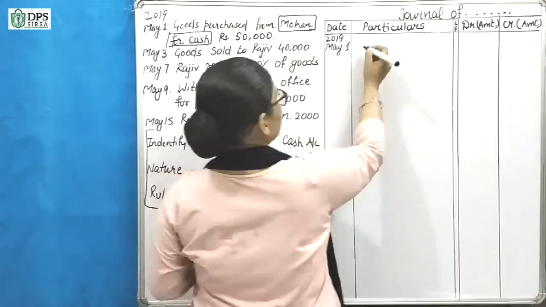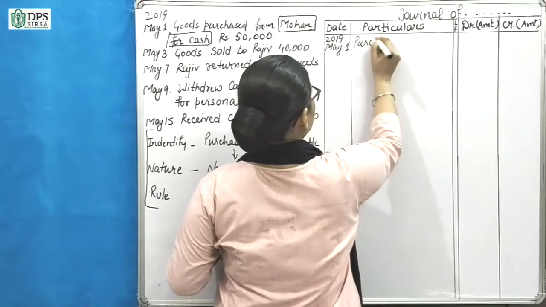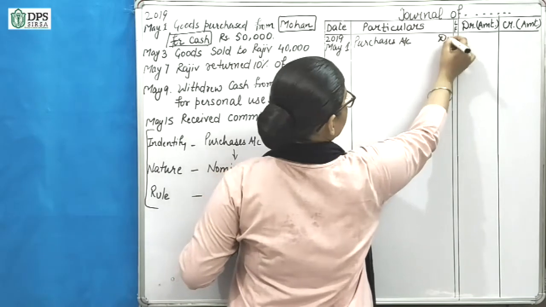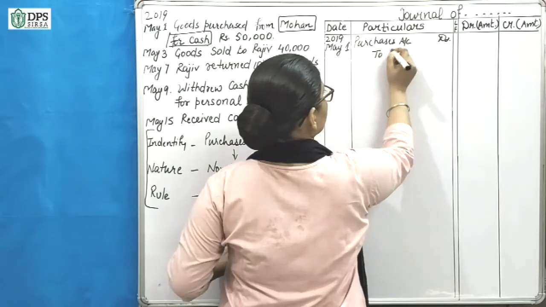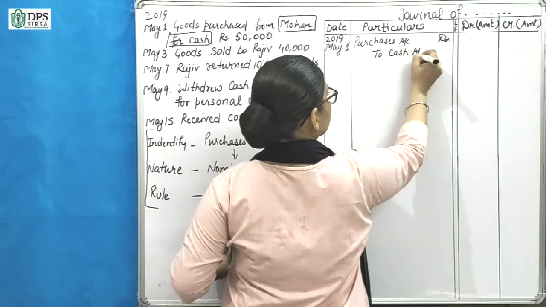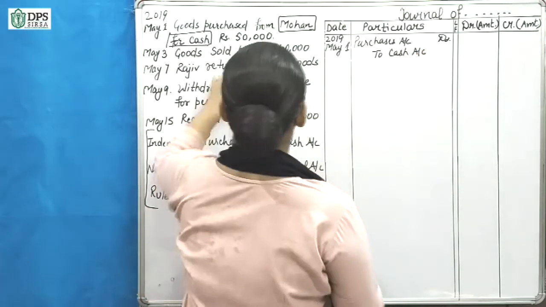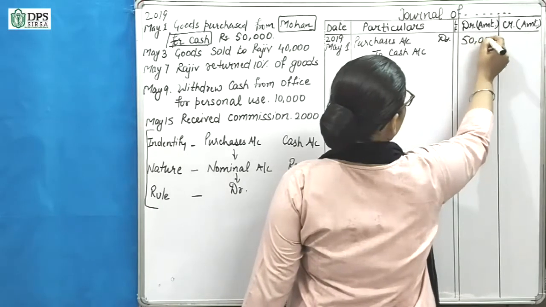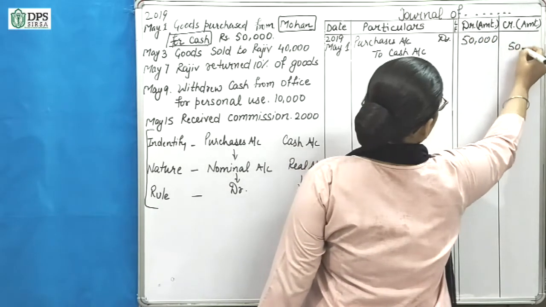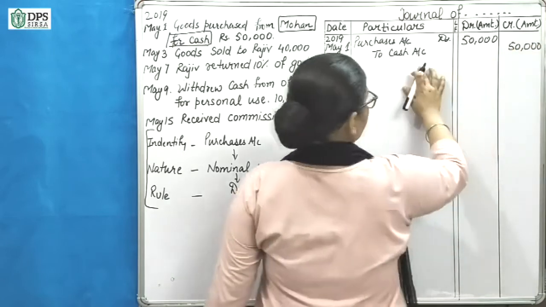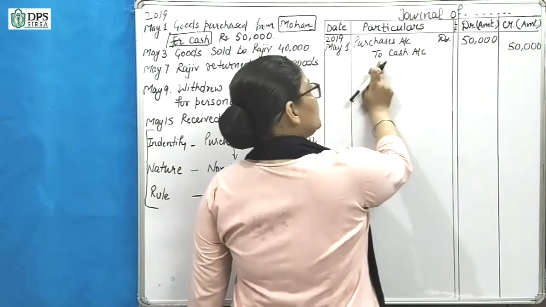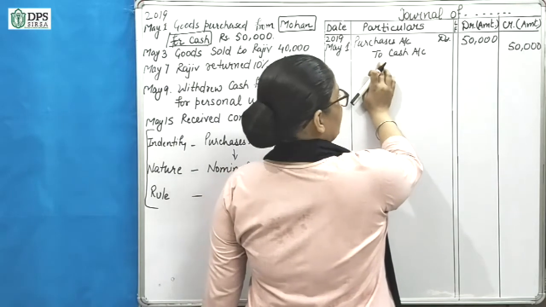So we will write here purchases account debit, and to cash account. The amount is given here, 50,000. So we will write here 50,000 over here. It will be on the credit side. There is no need to write credit here to identify that it is the credit amount.